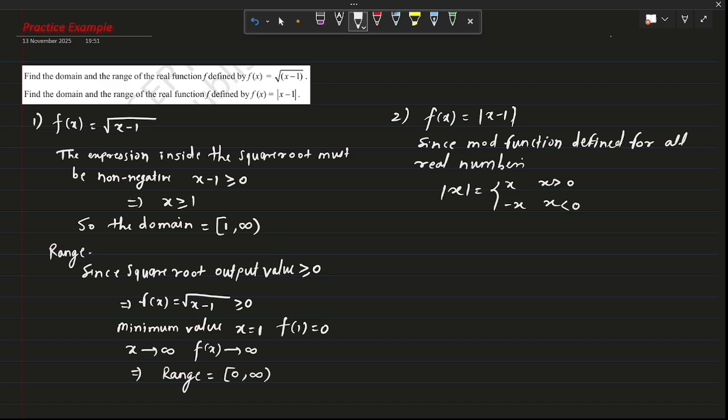For x equal to 0, it is 0. So the domain is minus infinity to plus infinity.